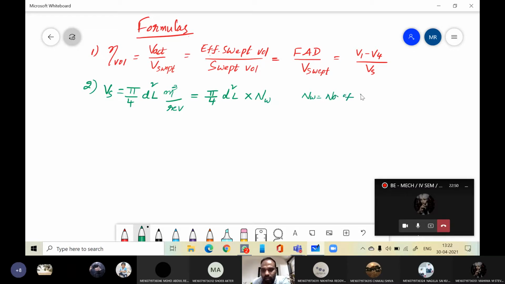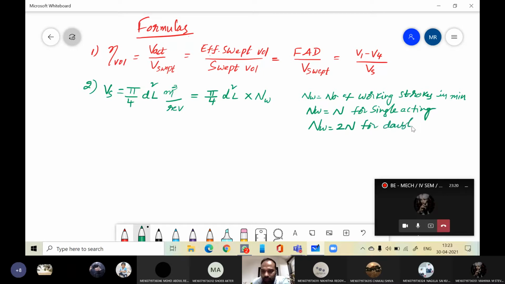So NW is equals to N for single acting air compressor, and NW is equals to 2N for double acting.